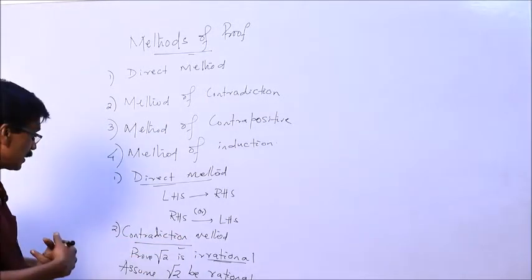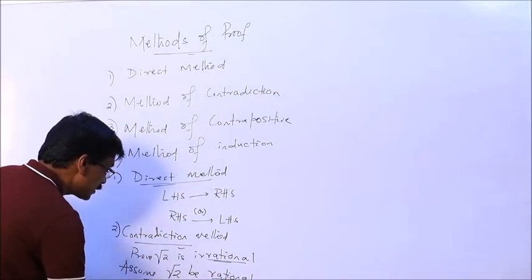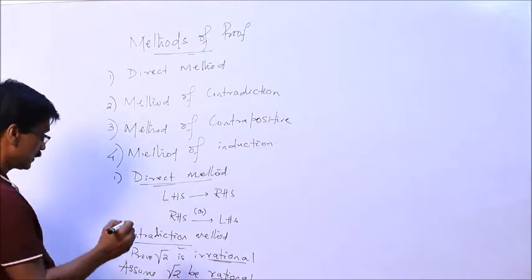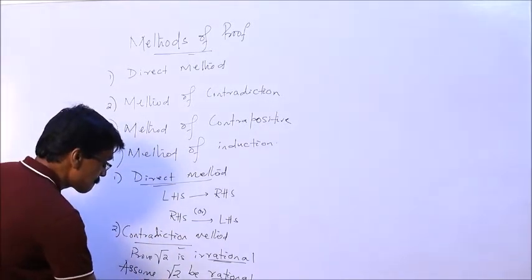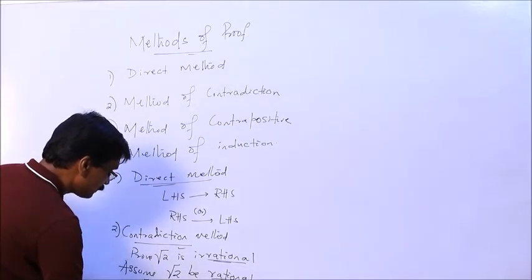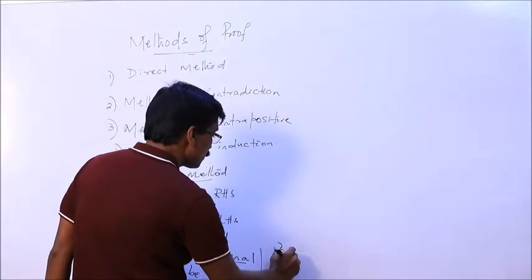So how to contradict? Root 2 is rational, that means root 2 is equal to p by q, say. So 2 is equal to p square by q square, that is p square is equal to 2q square.